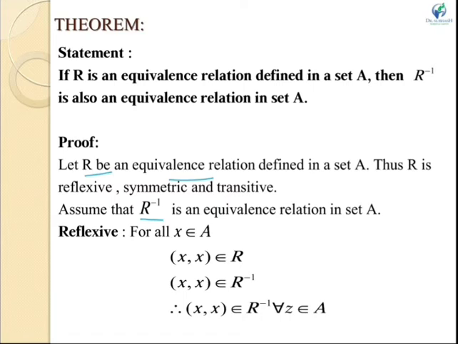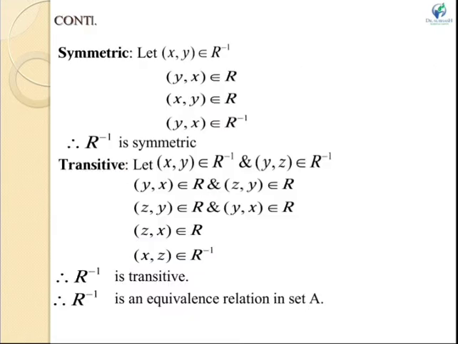Now, for all x belongs to A, (x,x) belongs to R for reflexive. So if I take the opposite, then (x,x) will again belong to R inverse. Therefore, (x,x) belongs to R inverse for all x in A. So we can say that R inverse is reflexive.